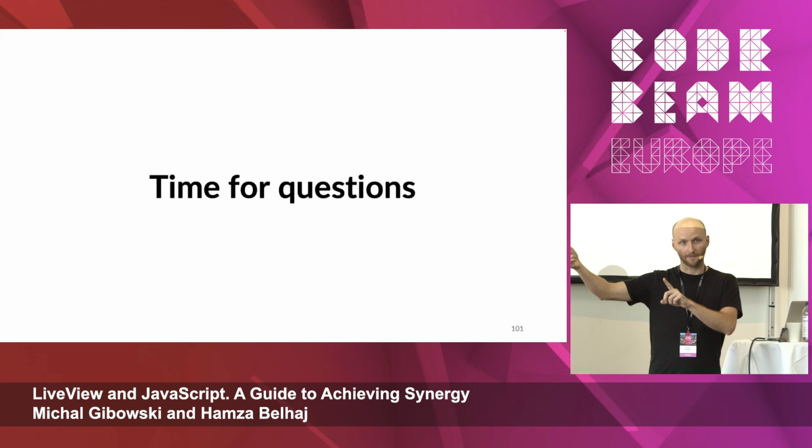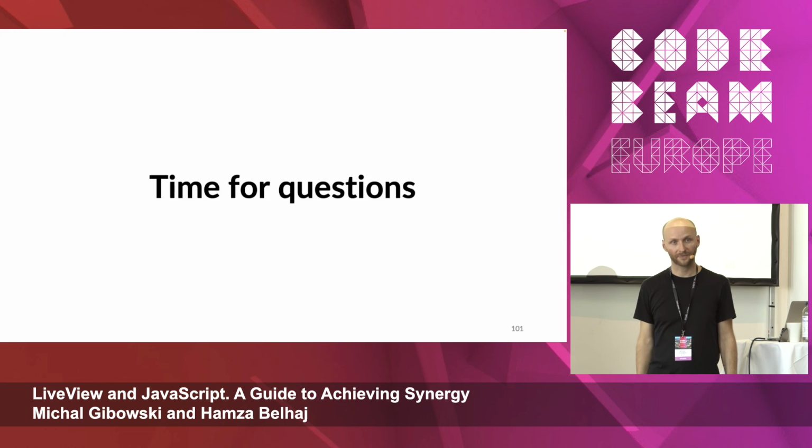And the part of the state that we want to communicate between LiveView and this VueJS app would be JSON serialized into a string and passed as a data attribute.